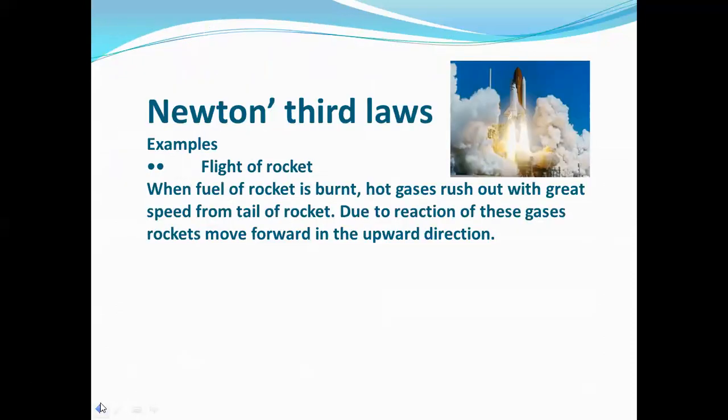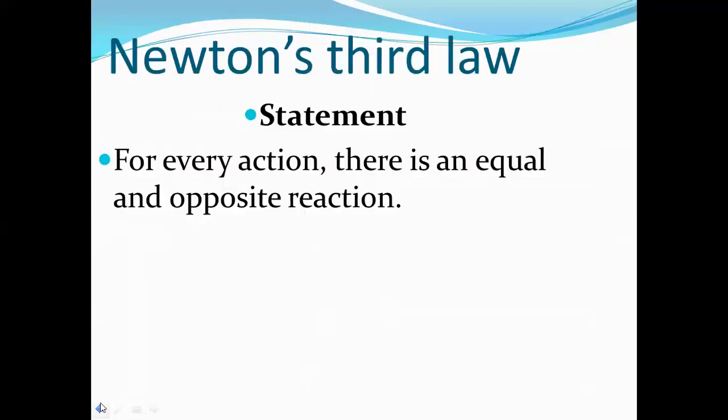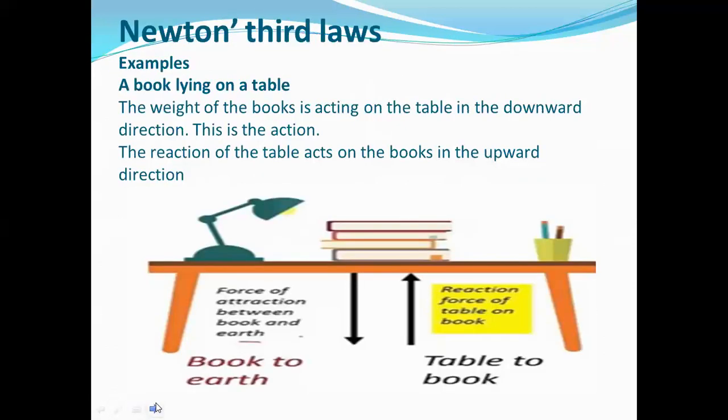Example of Newton's third law of motion. We are going to start with the first example, and that is a book lying on a table. What is the action and what is the reaction in this case? Action and reaction both are forces.